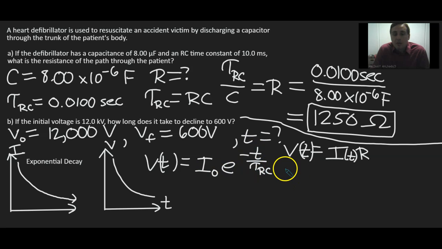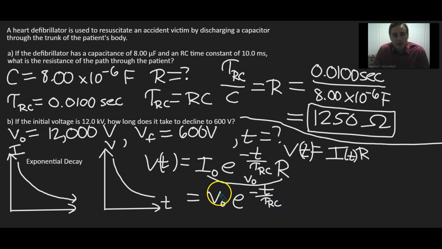There's the current, and we need to multiply that by the resistance. Okay, so there we go. Now, notice I times R gives V initial. Okay, so then I initial times R, this should be V initial. So what do we have? We have V0 e to the minus t over tau RC.